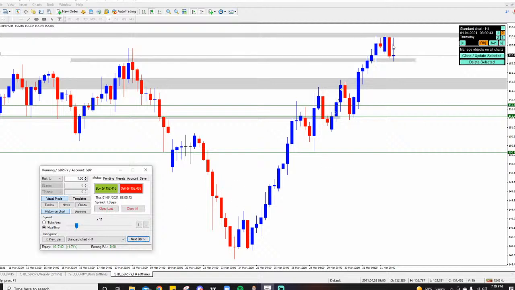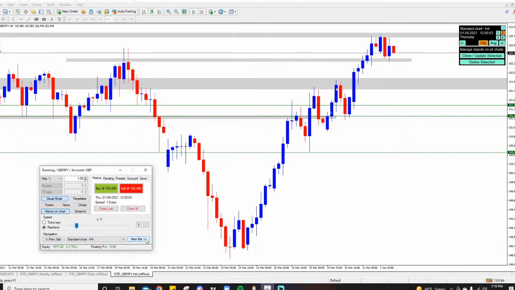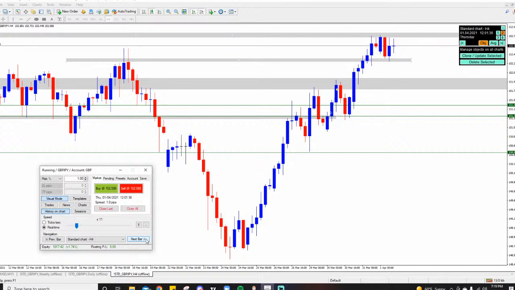Yeah, so see how this one's pushing up? I wouldn't take an entry on this candle. Alright, let's see if we just end up in consolidation today.